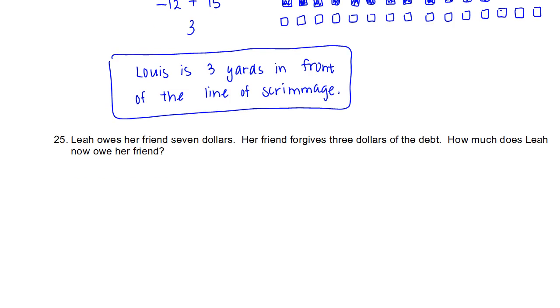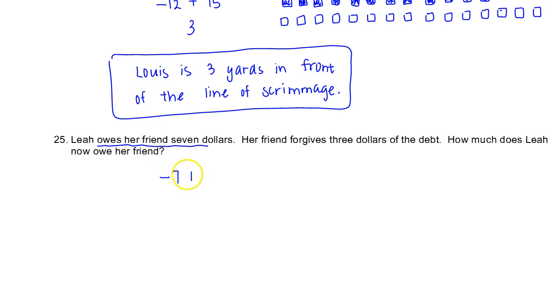Okay, number 25. Leah owes her friend $7. So owes her friend $7, I'm going to use a -7. Her friend forgives $3 of the debt. So when her friend forgives $3, I could do one of two things.